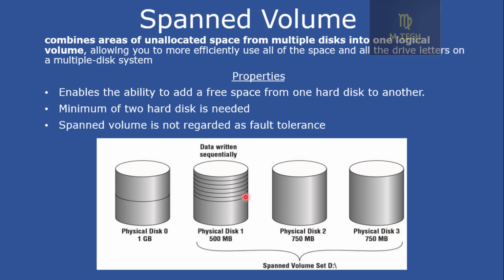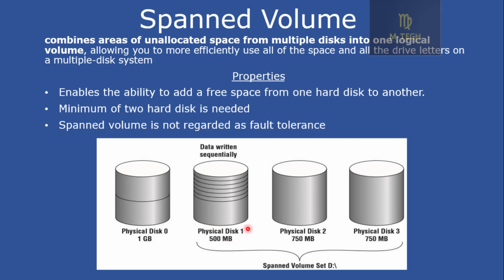Now, as I said in the previous lesson, when you are about to do configuration for these dynamic volumes, your disk 0 is not part of the configuration. Always remember that the first disk, which contains your operating system, is not part of the configuration. So when I say a minimum of two hard drives, disk 0 is not part.